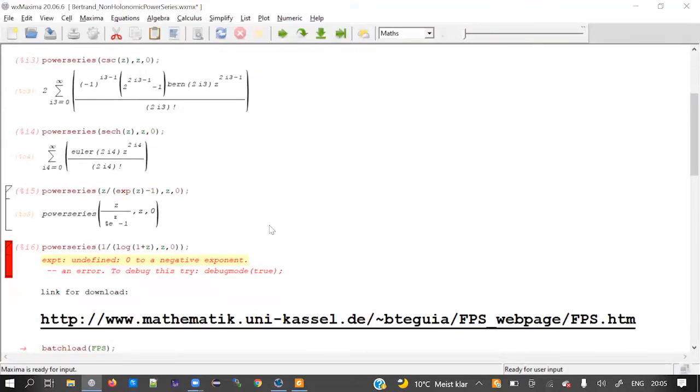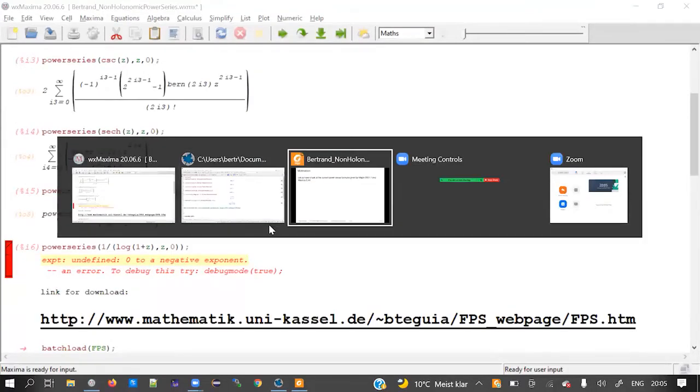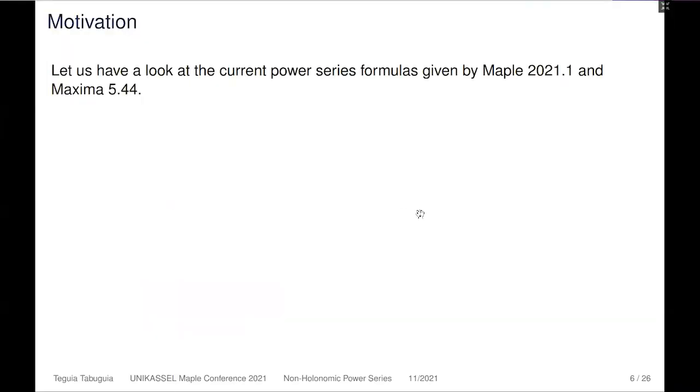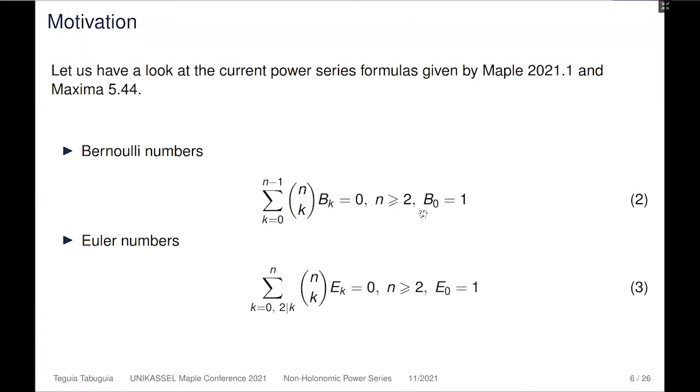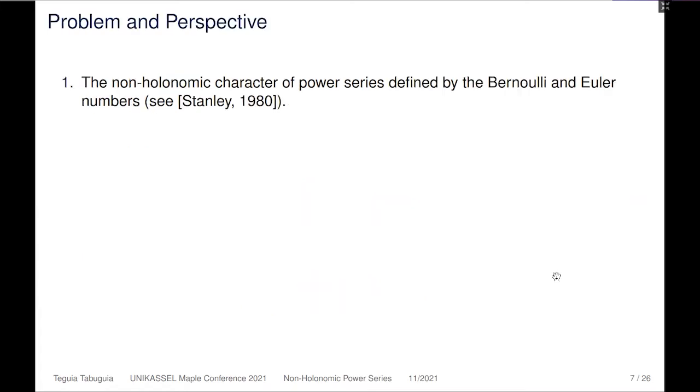So we want to present here a method that will compute the power series formulas for such types of functions. We have seen Bernoulli and Euler numbers appearing in these power series representations. And here are the basic definitions of the recurrences of these numbers, the well-known recurrence relations of these well-known numbers.